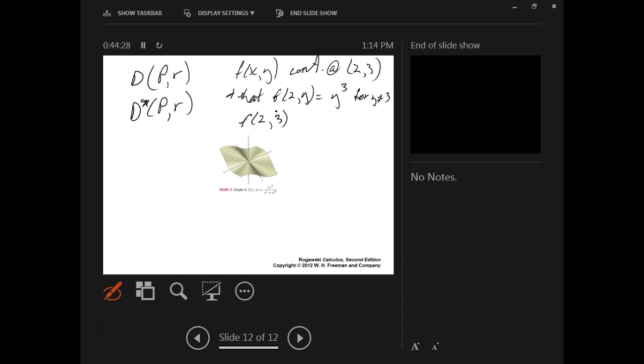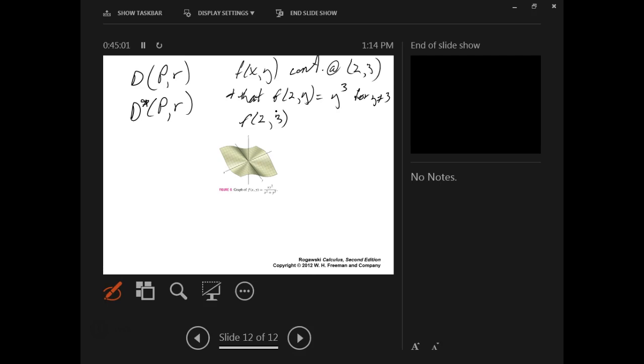You plug in 3 for y. 27. So f of 2 comma any y, if f is continuous there, then it must be that value there. I think it's got to be 27. Let's see what they say. Yep, got to be 27.